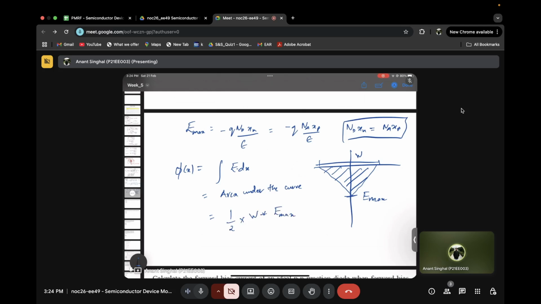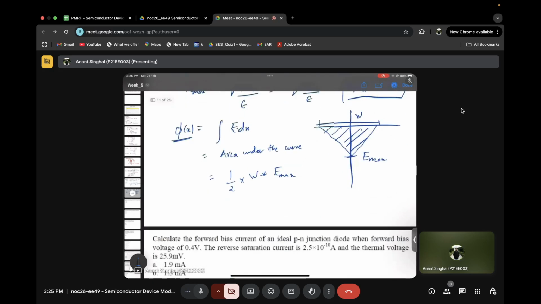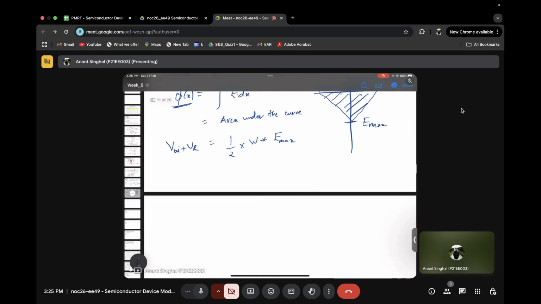And the potential that we have just seen is nothing but VBI plus VR instead of VBI. So I can keep this equal to VBI plus VR, and from this, Emax can also be written as, since this is negative, negative 2 (VBI plus VR) over W.